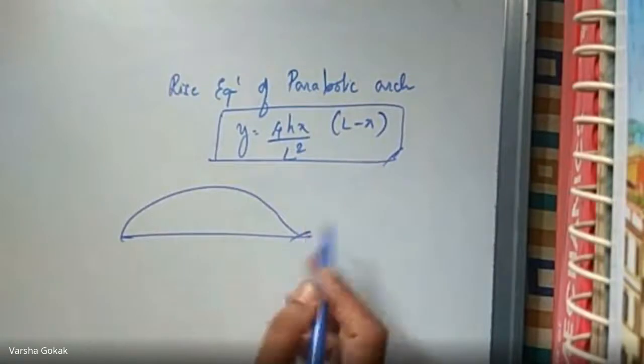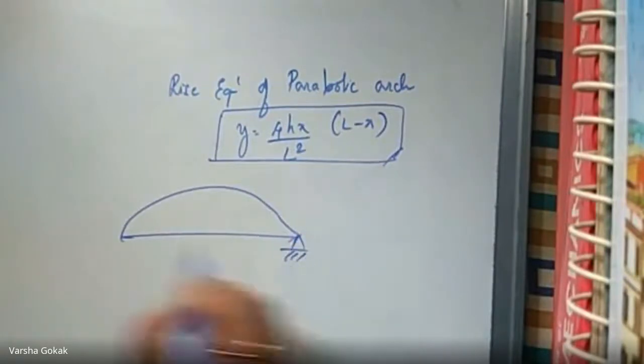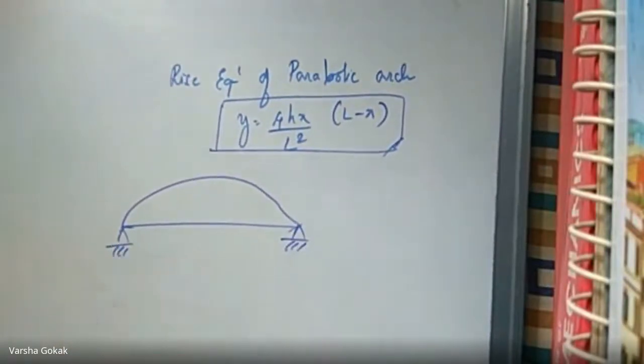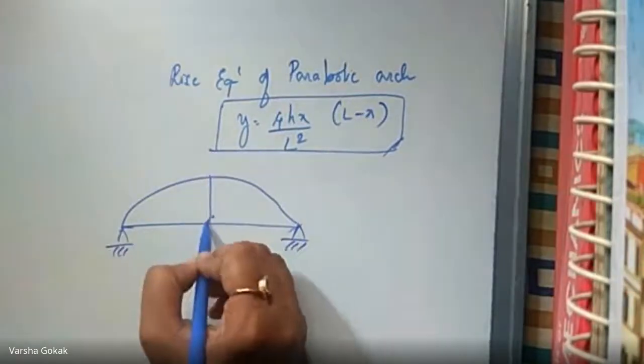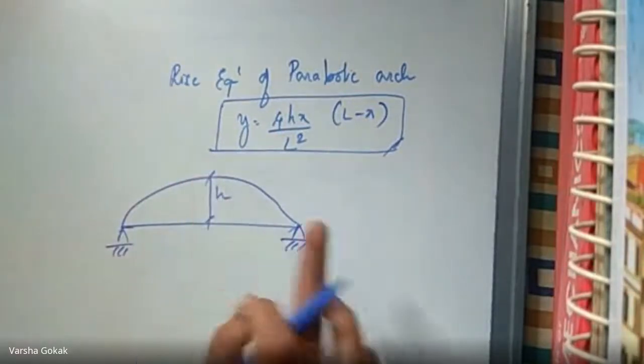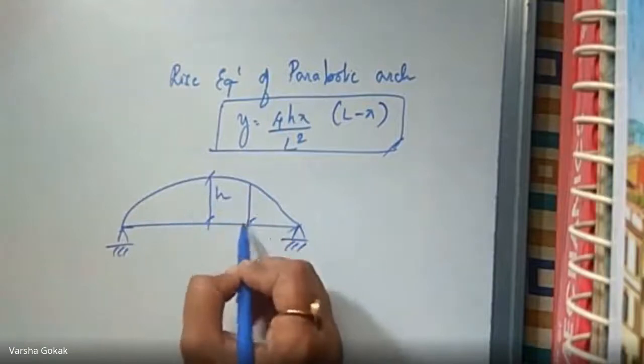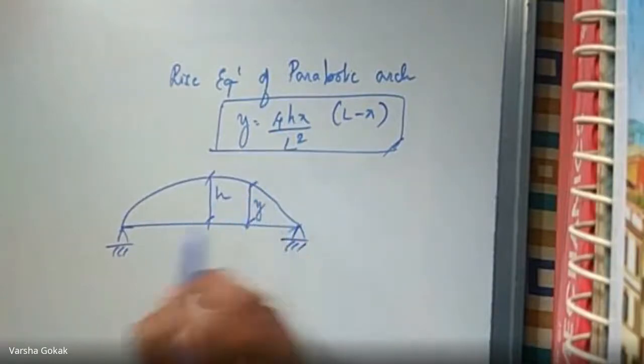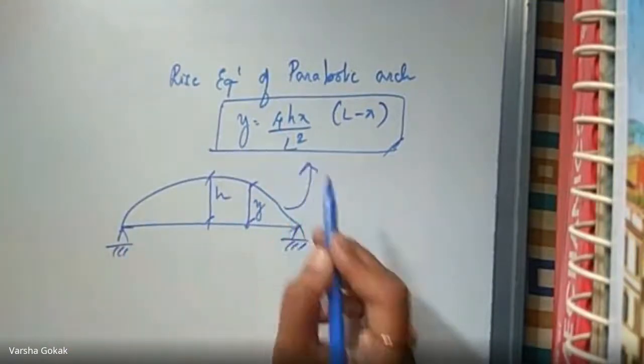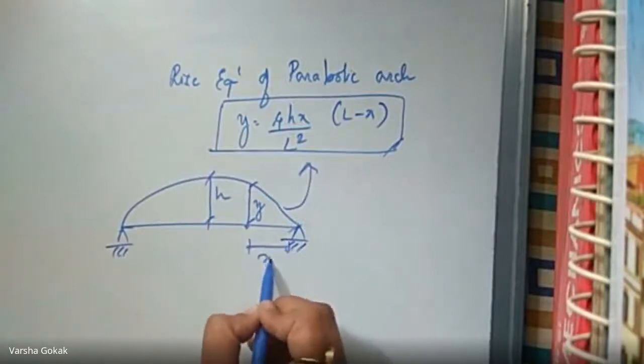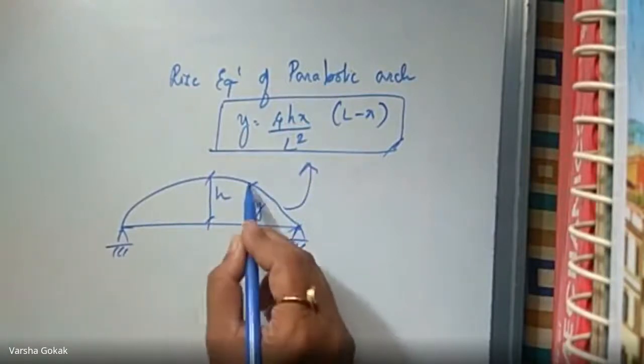So if I give you a numerical wherein you have an arch diagram like this, with total mid rise h, and in between I want to find the rise at some point y, I will make use of this equation. This would be my x distance, at what distance I want this rise.